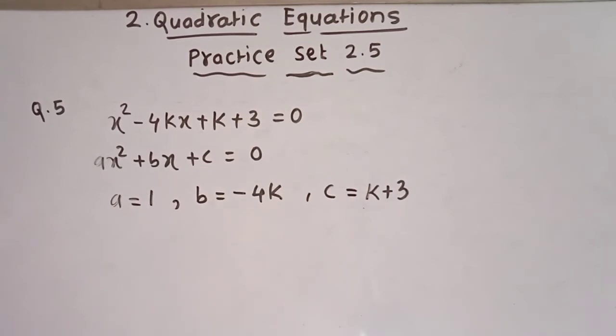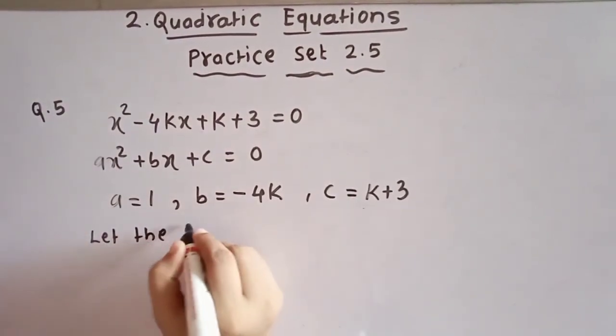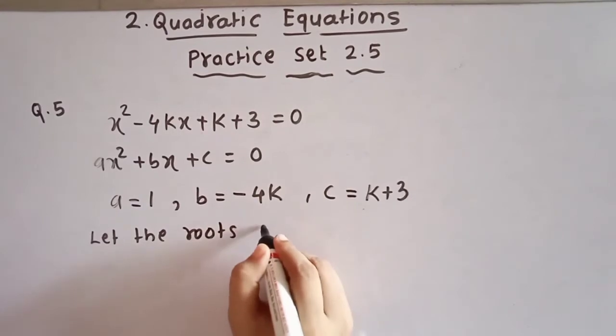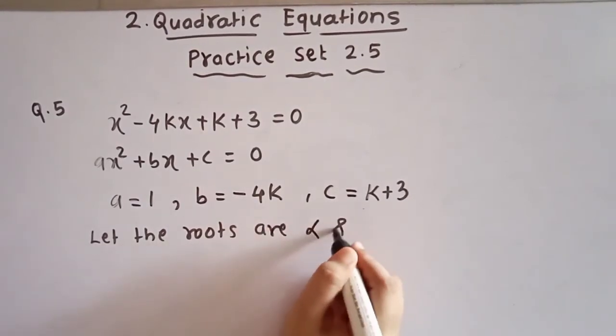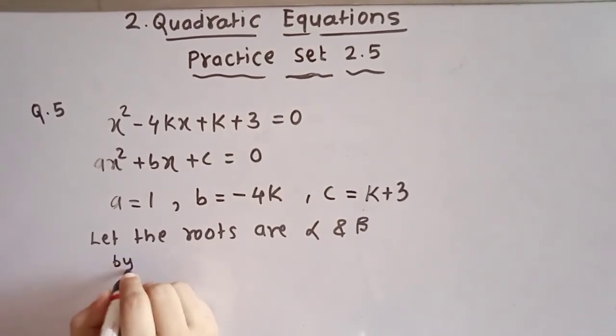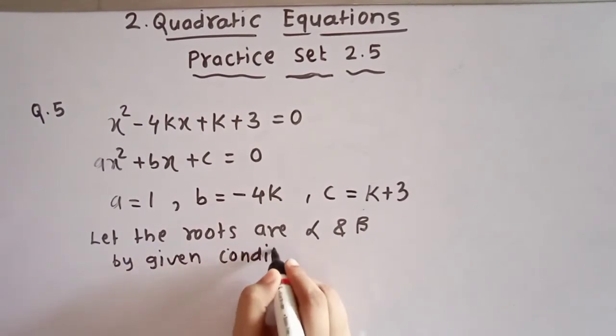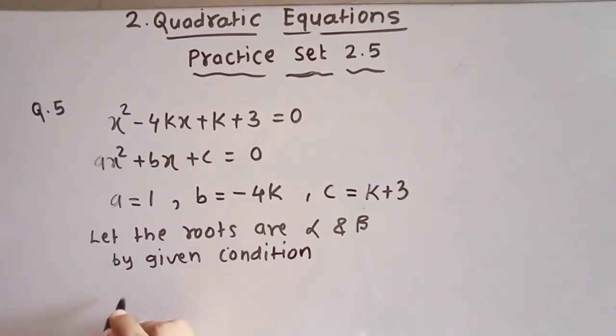See what they said, sum of the roots of a quadratic equation. Let the roots be alpha and beta. Yes or no? So by the given condition, alpha plus beta, the sum of the roots, is equal to double their product.